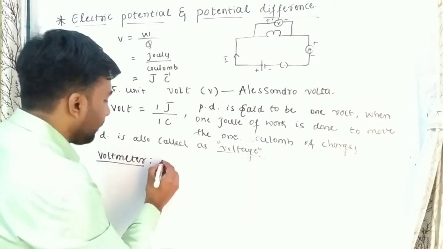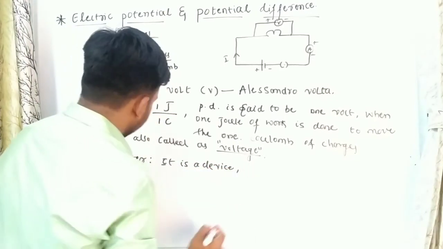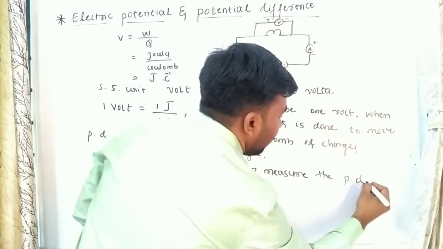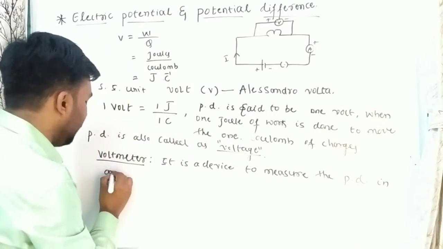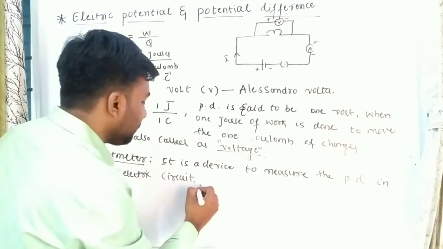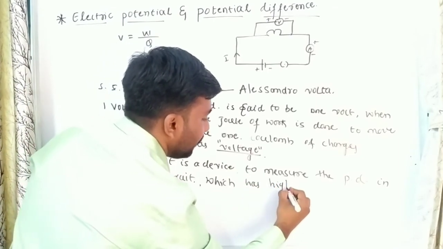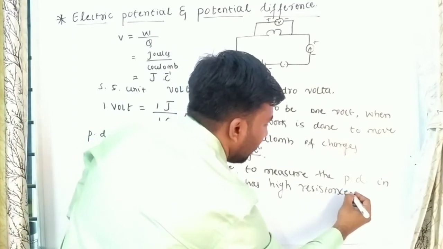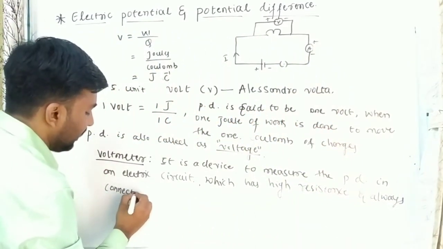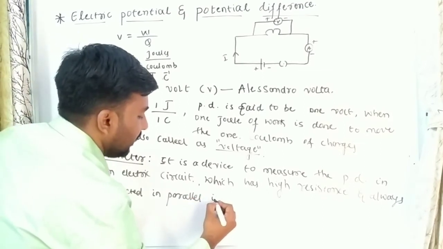So the voltmeter is a device to measure the potential difference in an electric circuit, which has high resistance and is always connected in parallel in the circuit.